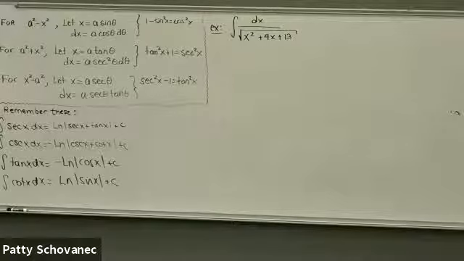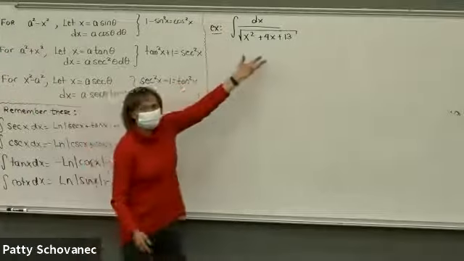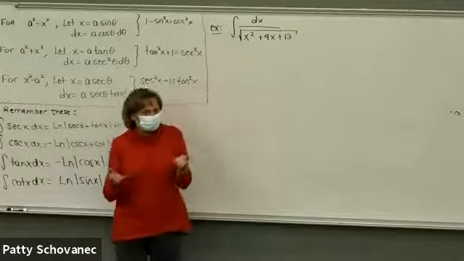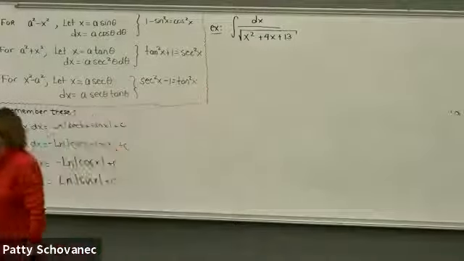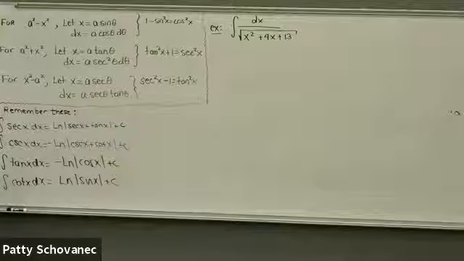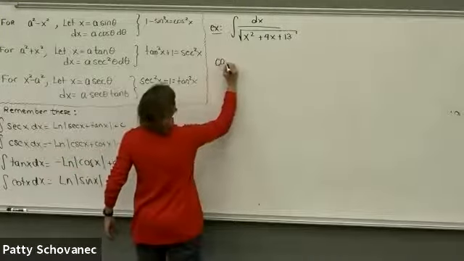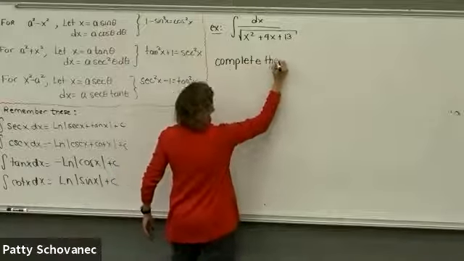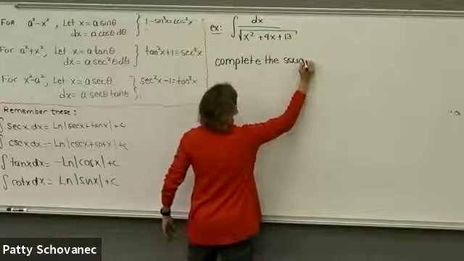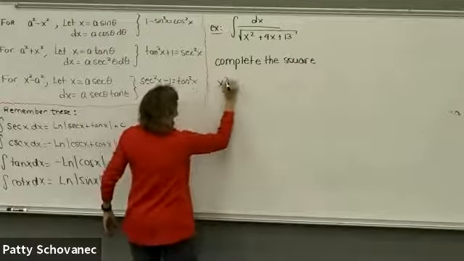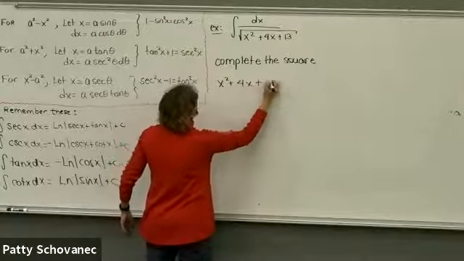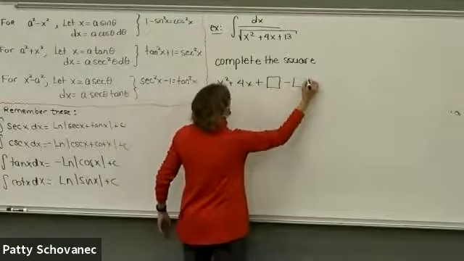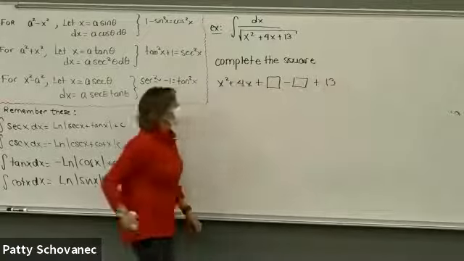Okay, so let's do that. Let's complete the square, because this involves differences or sums of perfect squares, and I don't have that here. So let's do the algebra of completing the square and see if that helps. The x squared plus 4x together, I'm going to add something here, take it back out, and then add the 13.